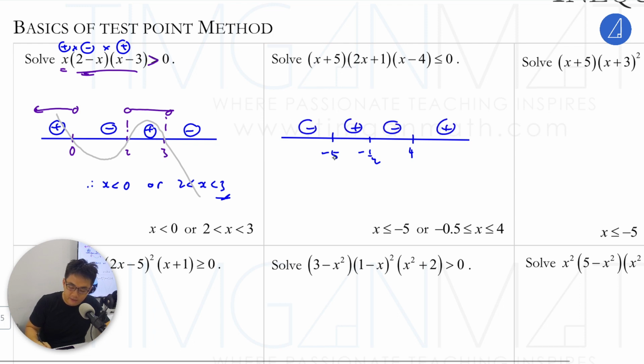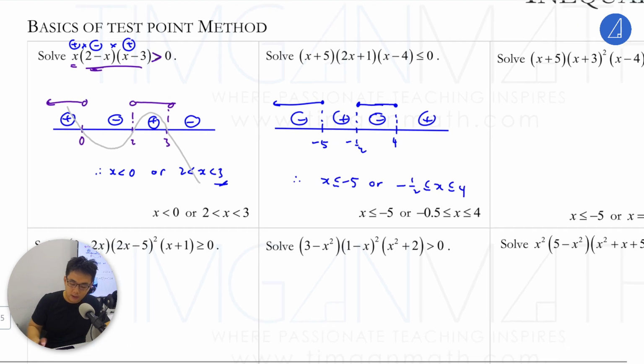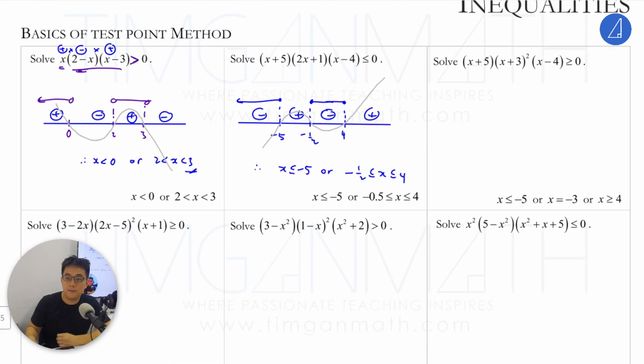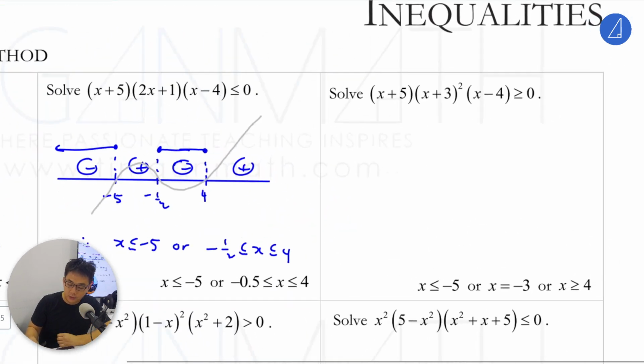Every time you cross the divide, you just alternate. Because you want it to be negative, it is this one, this one, this one to this one. So there you go. In this case, x is less than negative 5, or between minus half and 4. Now if you want to sketch it out, it's like that lah. That's it.